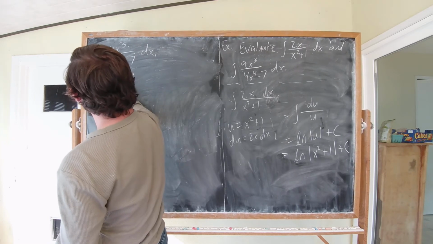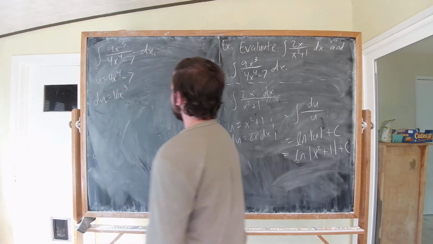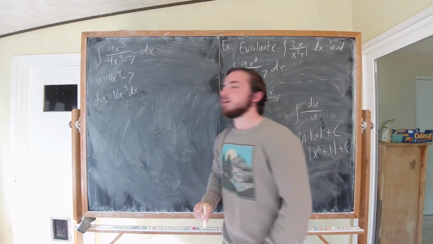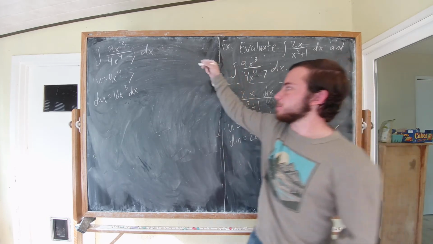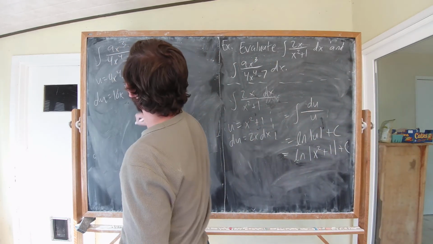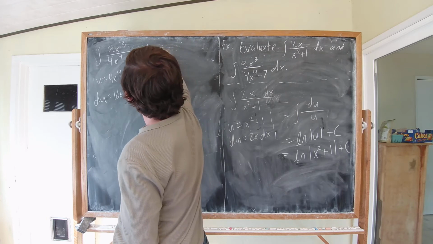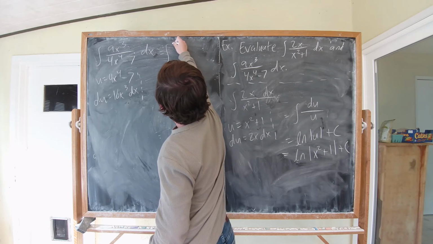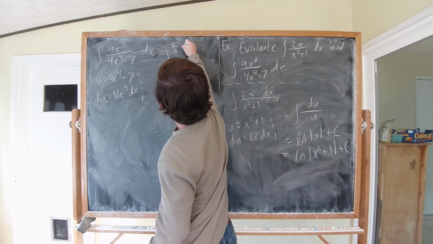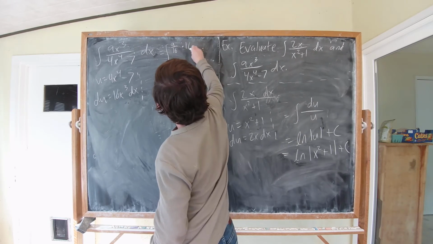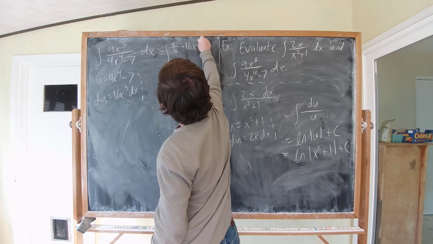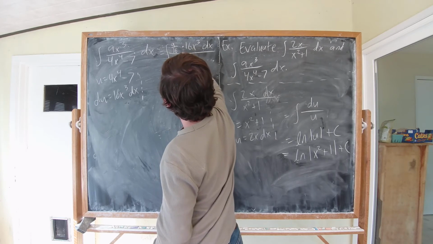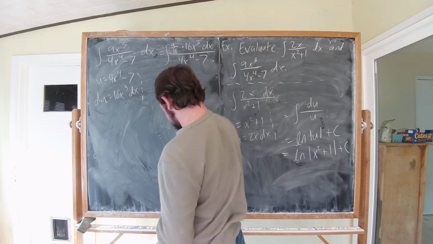Then du would be 16x cubed dx. So very close to what we have on top. Let's work with this one then. Then this integral is equal to the integral of 9 divided by 16 times 16x cubed dx divided by 4x to the 4th minus 7.